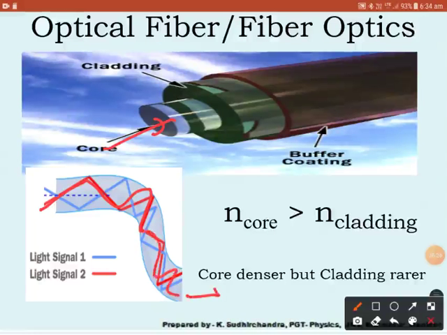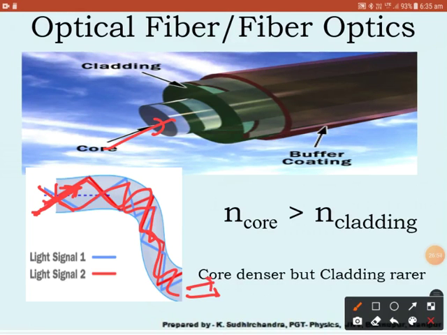Got it? If you allow red light to be incident, it will pass. If you allow another light ray like this, with the blue color I mean, it will also pass. So depending upon the different wavelength, velocity, and amplitude, we can have all those different light rays at the other end.